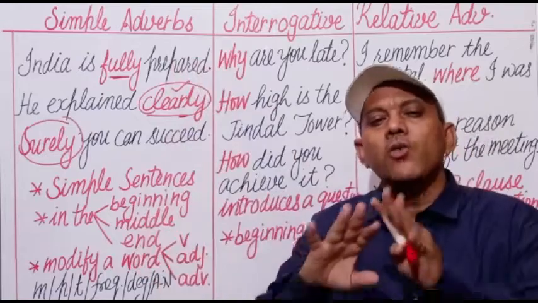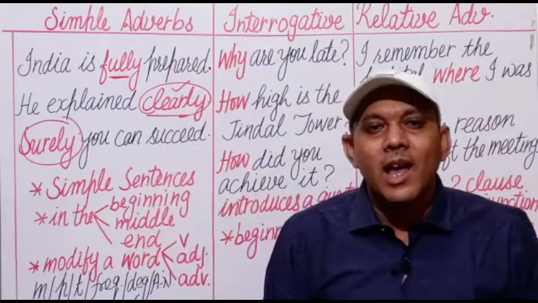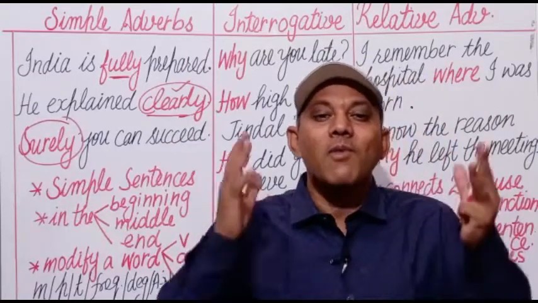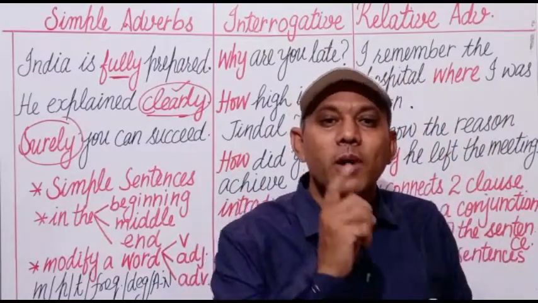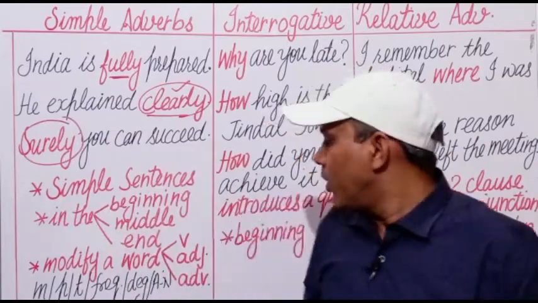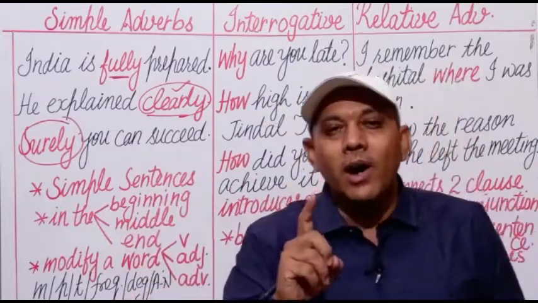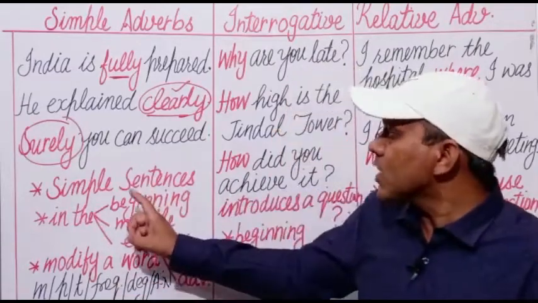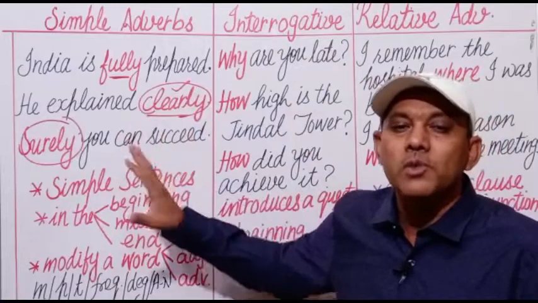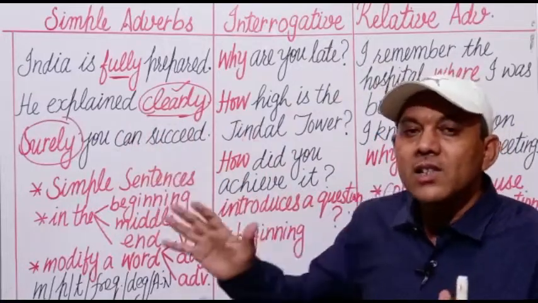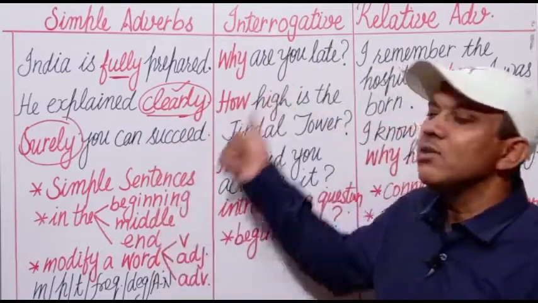Simple adverbs are of many types: adverb of manner, adverb of place, adverb of time, adverb of degree, adverb of frequency, or we can say adverb of affirmation or negation. We shall discuss the types of simple adverbs in detail later, and now let us discuss interrogative adverbs.